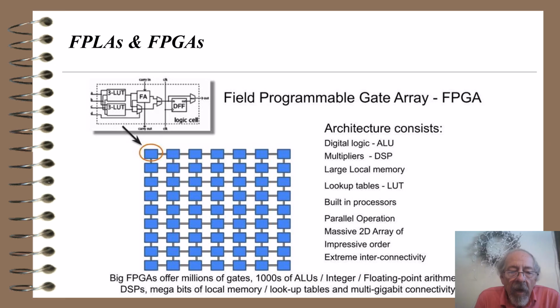So big FPGAs offer millions of gates, thousands of ALUs, integer and floating point arithmetic, DSPs, which are digital signal processors, megabits of local memory, lookup tables, and multi-gigabit connectivity. And you can take and program this with a computer.